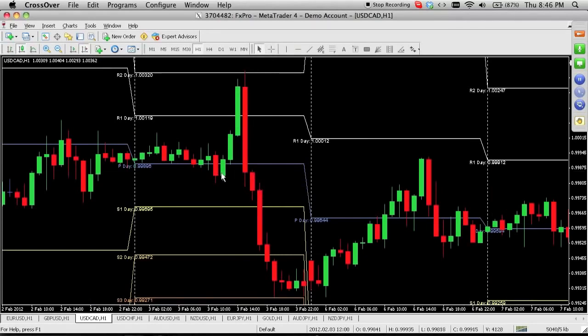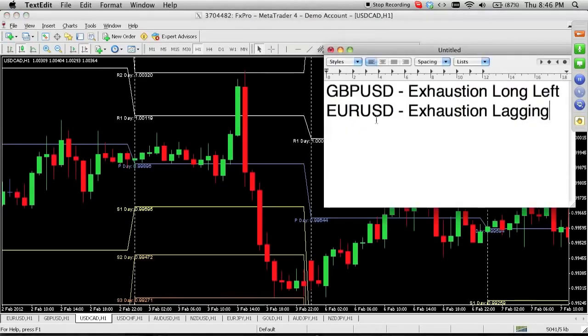So on US dollar CAD, the markets are dropping short. Markets are heavily, heavily short right now, and no formation whatsoever.